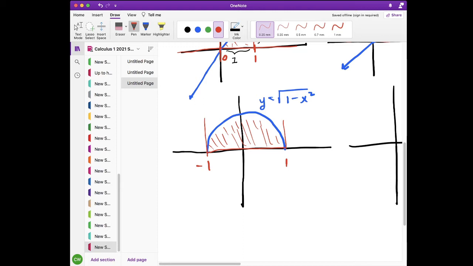All right, I don't see a rectangle. I don't see a triangle. What sort of thing is this? Yeah, this is a semicircle. So what is the area of a semicircle?